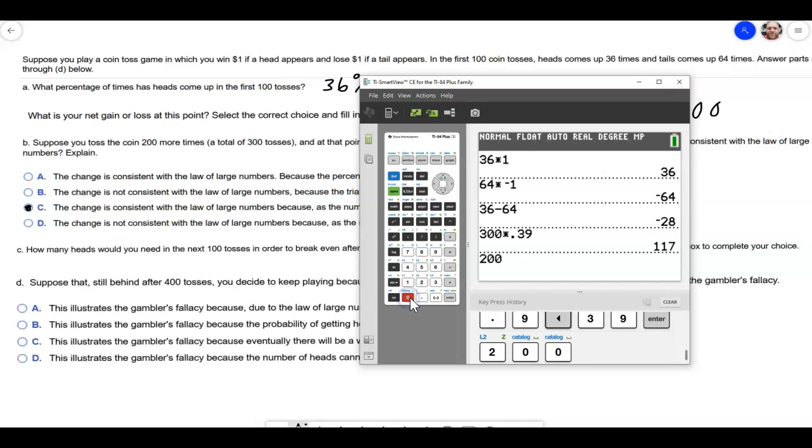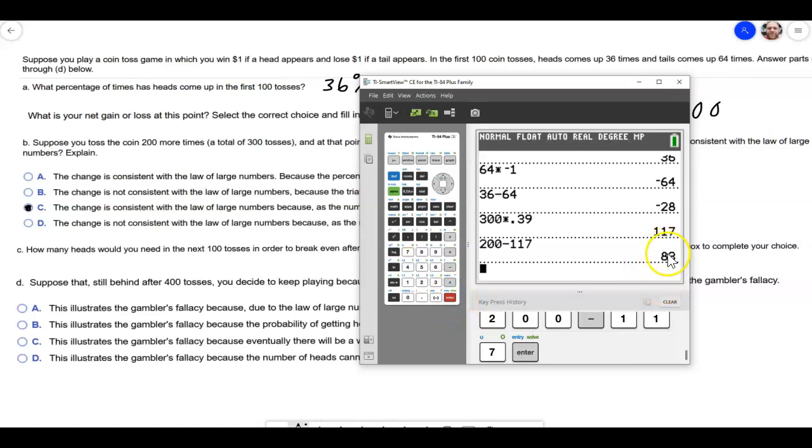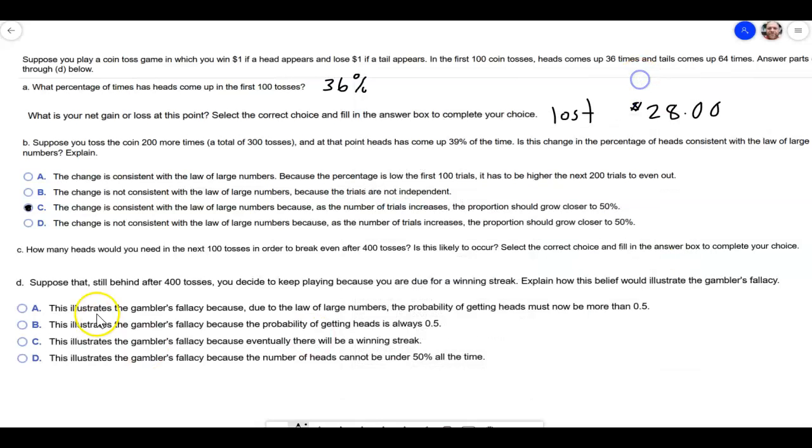So in order to win 200, we are going to have to win 83 more times out of the next 100 tosses, because we need to get that win count up to 200. That's just the difference between 200 and the 117 that we've already won.